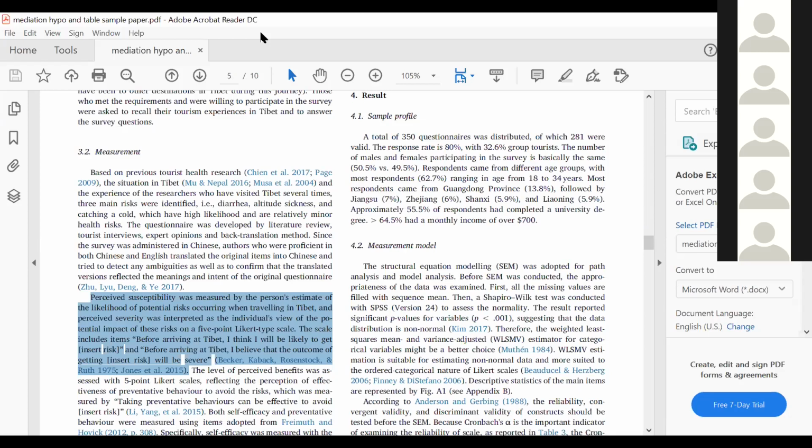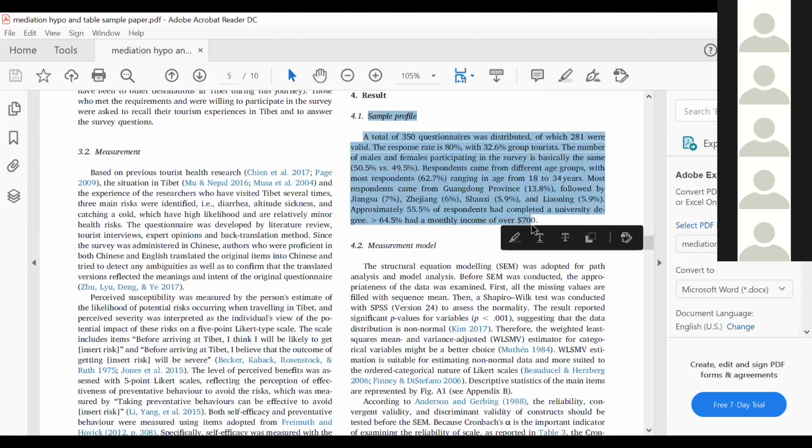Okay, further, a part of research he has done in the fourth chapter, which is results and findings. A part of sampling, generally I put this sample profile in the research methodology chapter, but he has put it in results.